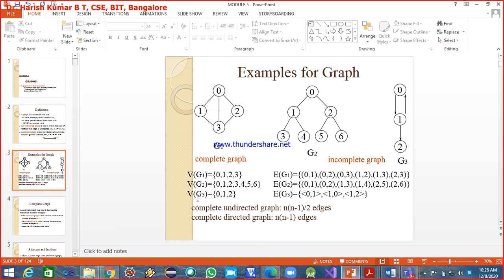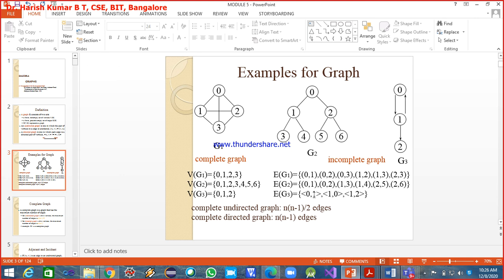Now if you look at graph 3, which is a directed graph, we have used a different notation for writing the edges. It is totally different from the notation for representing an edge in an undirected graph. Instead of parentheses, we use angle brackets, the less than and greater than symbols, and write inside them. If I write 0,1 inside the angle brackets, the opposite is not true: 1,0 is totally a different path.